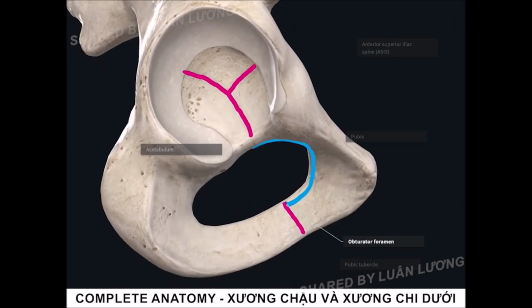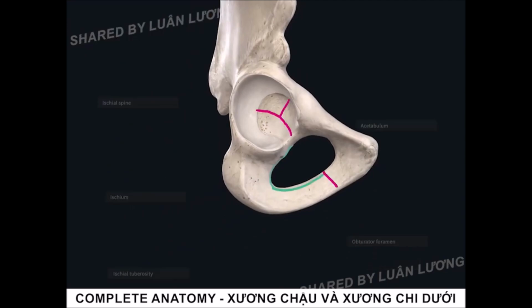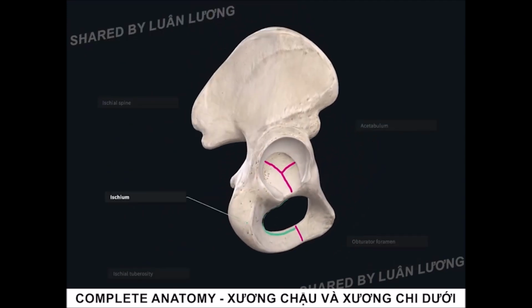So this bone is going to form the superior aspect of the obturator foramen, while the inferior aspect is going to be formed by the last of the three bones, the ischium. The ischium is the posteriorly and inferiorly oriented portion of our hip.